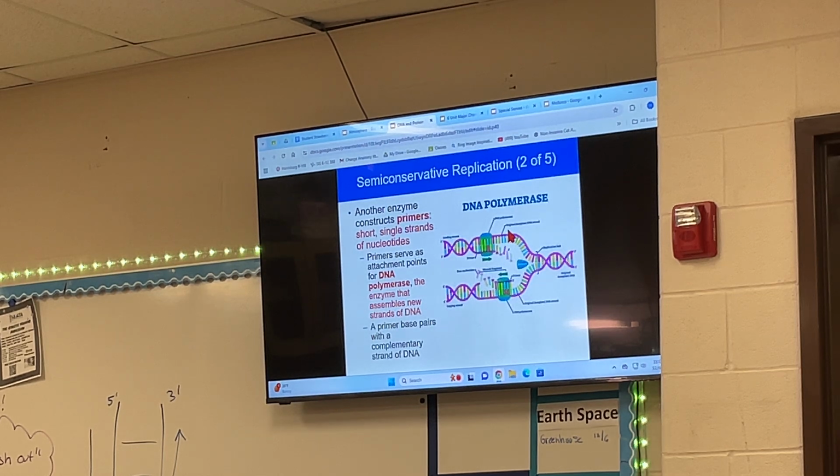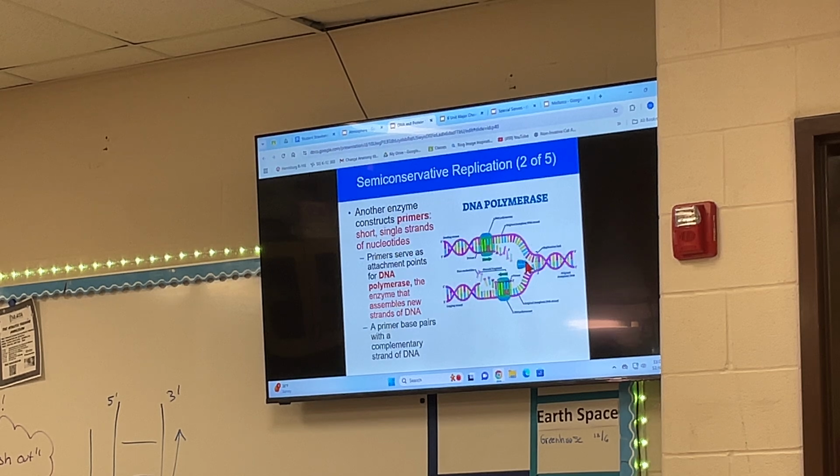So both strands are getting copied at the same time, and the DNA polymerase is reading the template and matching everything up. There are free floating nitrogen bases, the adenines and guanines and so on, coming in and getting matched up to their pairs by the DNA polymerase.